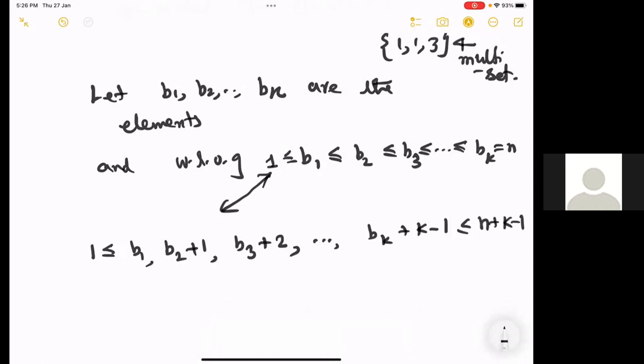So that means you have to choose a k element subset from that n plus k minus 1, and then we can have this association. This argument is very similar to the problem now.